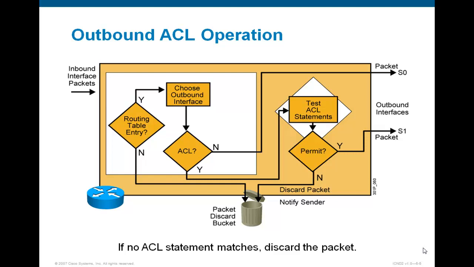If the packet does not fulfill the first rule, it will pass on to the second rule. If no ACL statement matches, the packet is denied implicitly, meaning there is a last overall statement to deny all types of packets that do not fulfill any ACL rules.